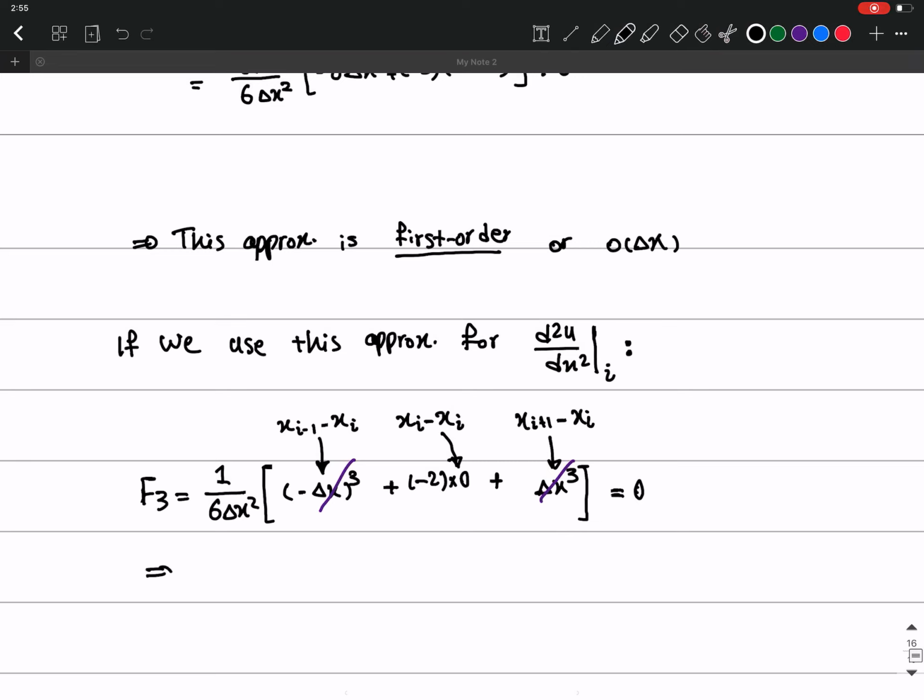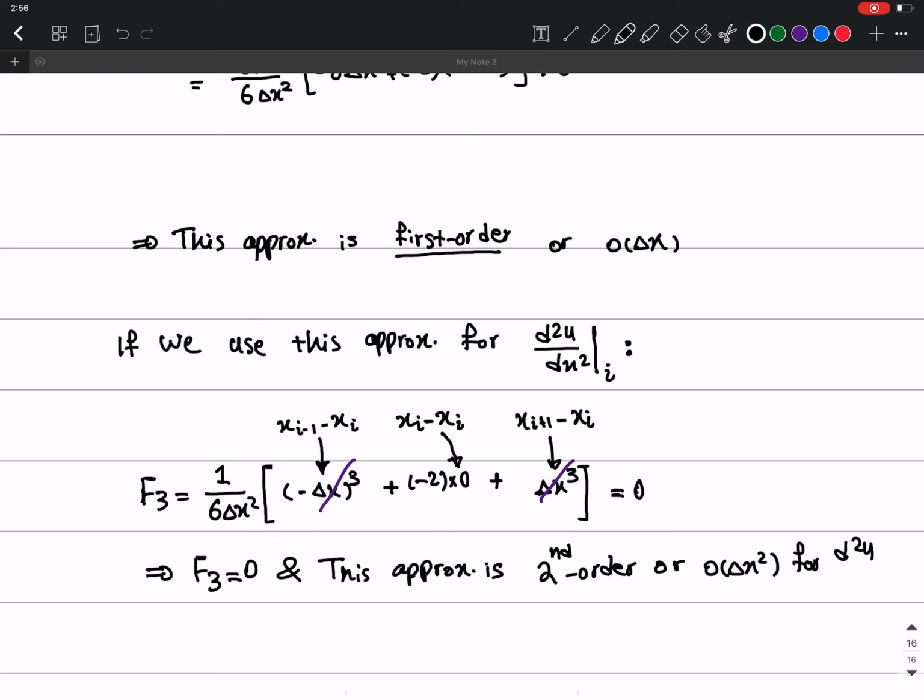Thus, in this condition, f3 is 0, and this approximation is second order, or order delta x squared, for d squared u over dx squared evaluated at xi, or at i.